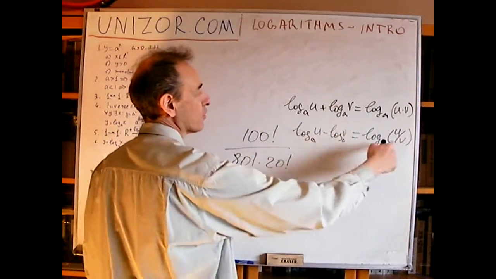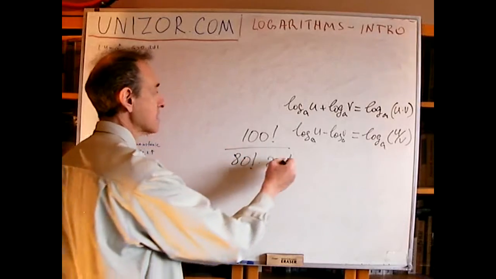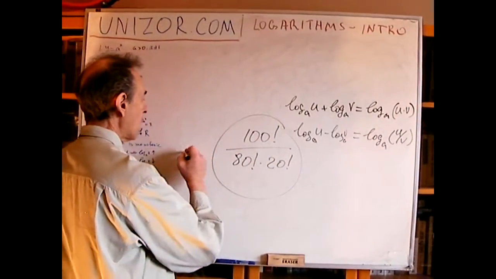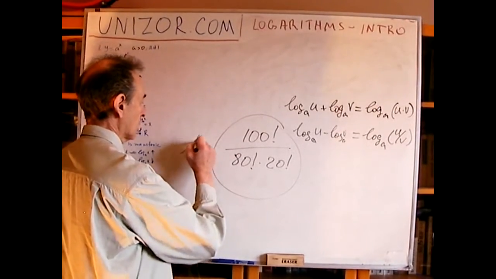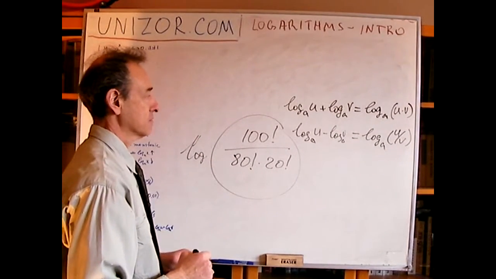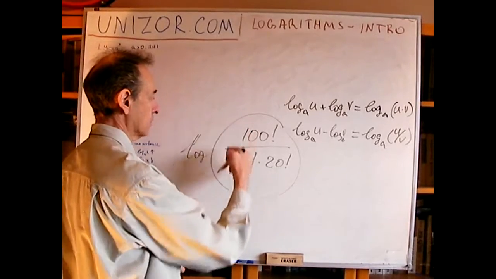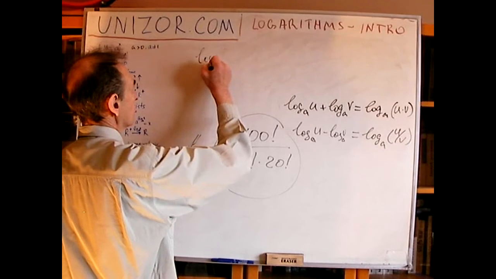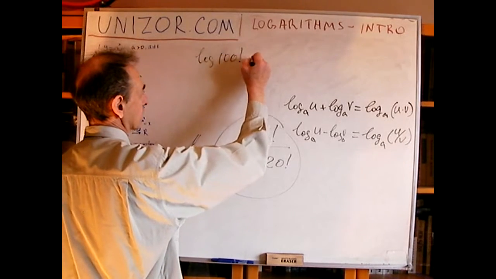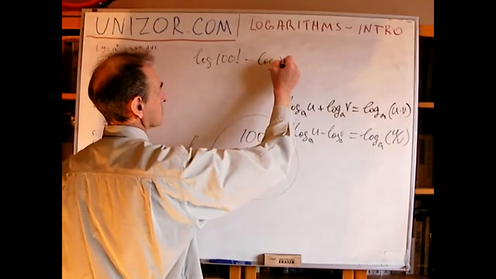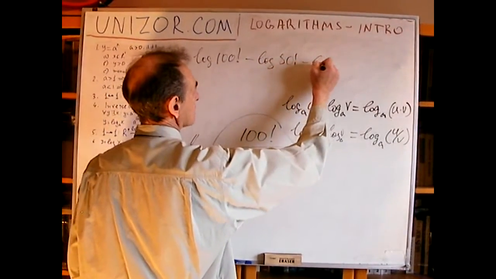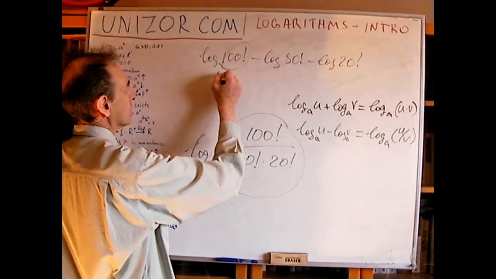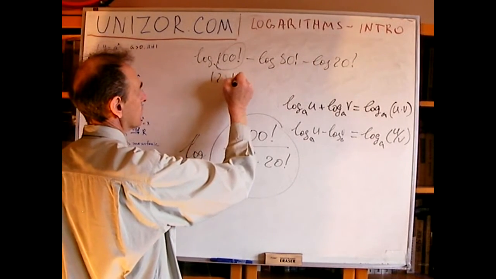I will basically prove this. It's very easy to prove. But in any case, what I will do, instead of calculating this, I will calculate logarithm of this. Logarithm of the result of this division is equal to logarithm of 100 factorial minus logarithm 80 factorial minus logarithm 20 factorial. Now this is 1 times 2 times 3, etc. times 100.